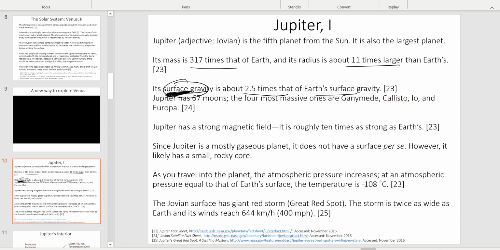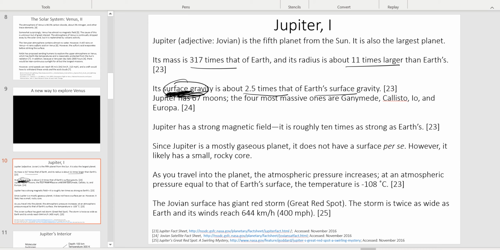What we mean by surface is some arbitrary point within the gas that forms Jupiter that has roughly the same, I shouldn't say the same, but has some standard pressure. So we define a quote-unquote surface that has some kind of pressure within the atmosphere of Jupiter, and then we just refer to that as the surface. And so it's not a real surface in the sense of a terrestrial planet. This is the way in which we're defining the so-called surface gravity. It's the gravity within the atmosphere to some arbitrary but well-defined point.